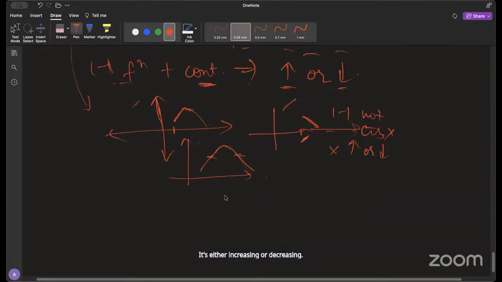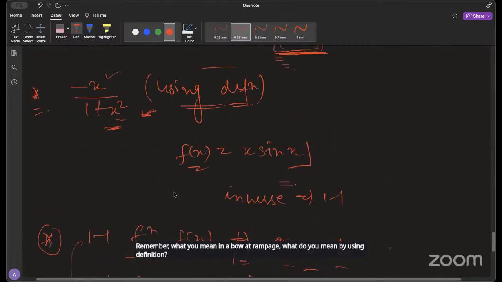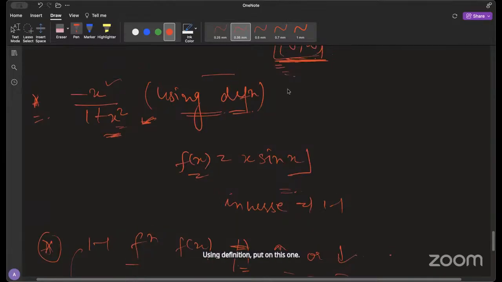Is this fine? Excuse me, ma'am, what do you mean in the above examples by using definition? So the definition for a 1-1 function is, let's just say f(x) is a function.